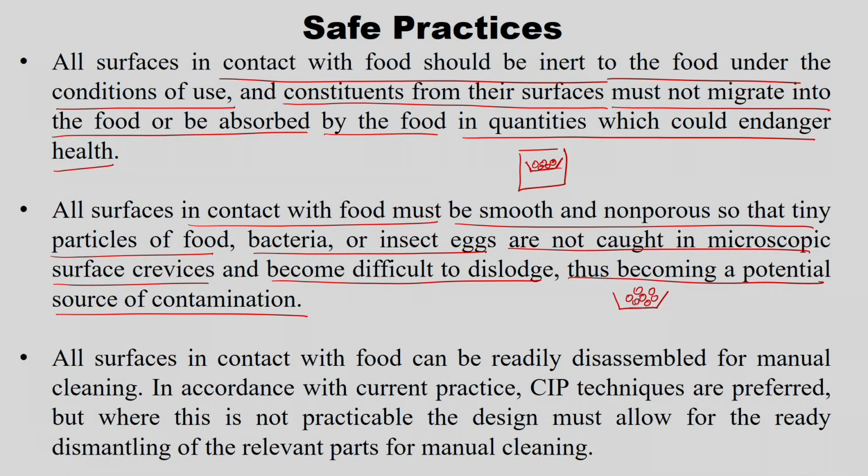One may argue that even though the surface is porous or not smooth for functional reasons, there may be a cleaning which takes care of removing the food chunks from the pores or the rough surface, right. But sometimes what happens is that food material gets lodged in the pores and cannot be cleaned properly even if you apply manual cleaning. So as far as possible, the surface where the food materials are kept should be very smooth and non-porous.